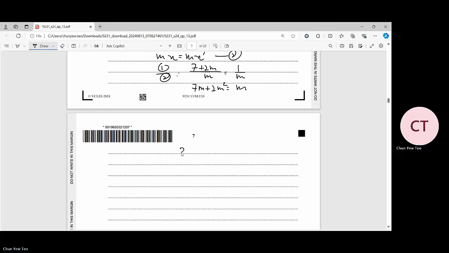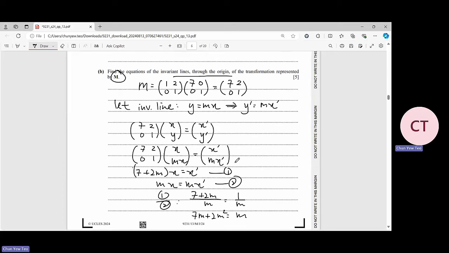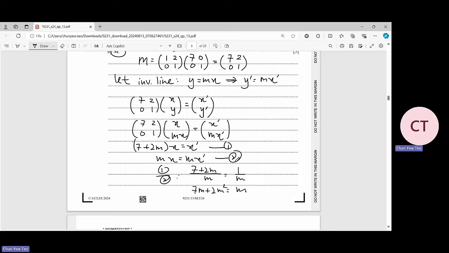I get 2m squared plus 6m equal to 0. Factorize the 2m out, you get m plus 3. So your m is equal to 0 and your m is negative 3. Therefore, your invariant lines will be y equal to 0 and y equal to negative 3x. So this will be the answer for the question number 3b.